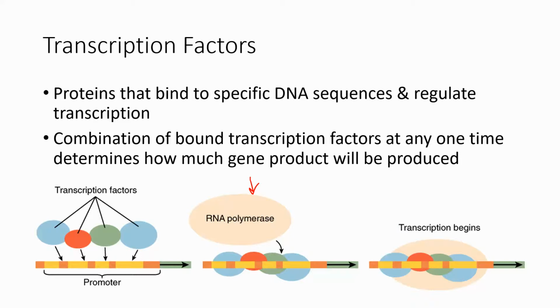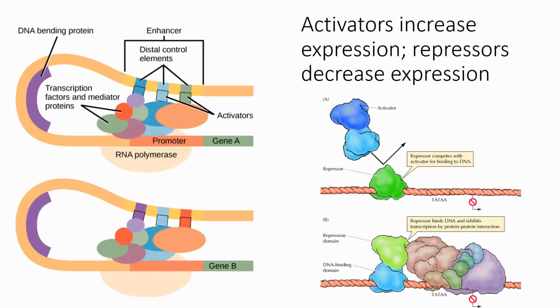This gets more complicated because it's not necessarily a single transcription factor that will make you produce a ton of the mRNA. You might need a specific combination of transcription factors. There's no specific combination of transcription factors that you will have to memorize for the test, so at least kind of calm down with that. As we talked about with prokaryotes, activators are going to increase the likelihood that a gene will be transcribed.